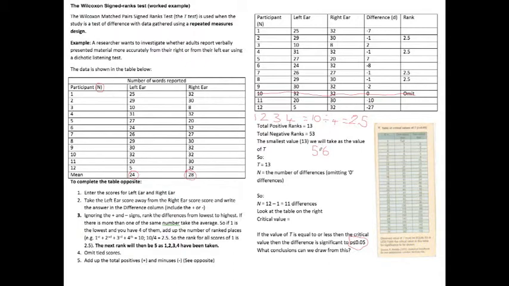As before, we add these together, which gives us 11. Then we divide by 2, because there are 2 of them, and that gives us 5.5.